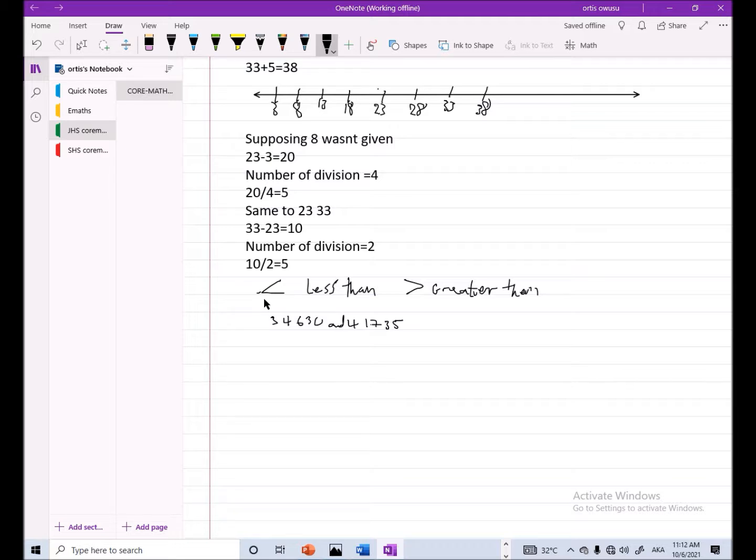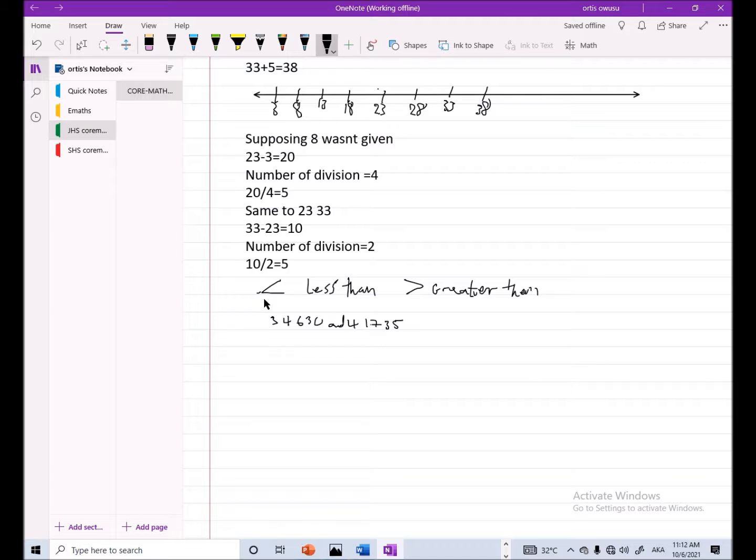Okay, so what we have to do is to know the number of figures that we have. 1 2 3 4 5. So if it is 5, it's in 10,000. So what do we have to do? We need to bring our commas to identify them.